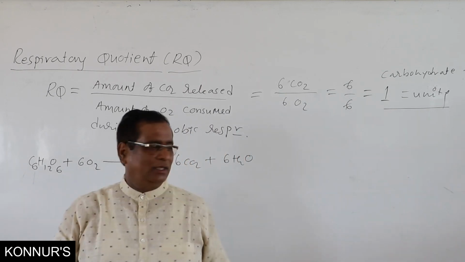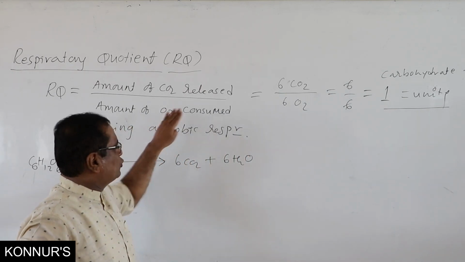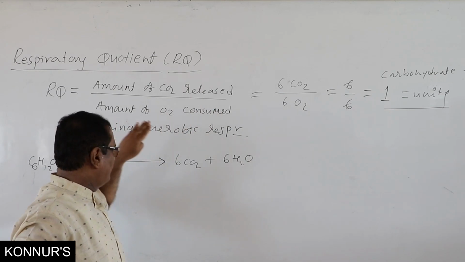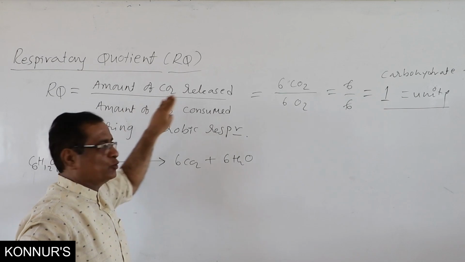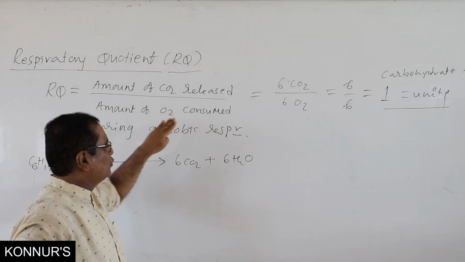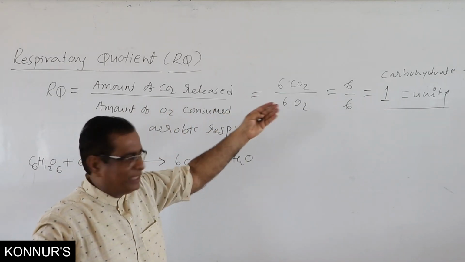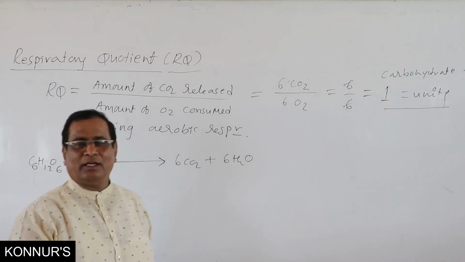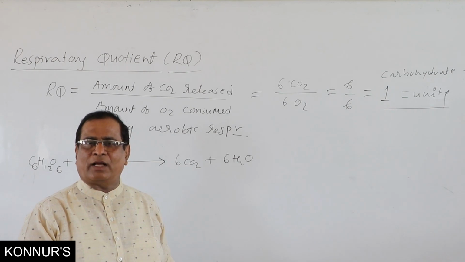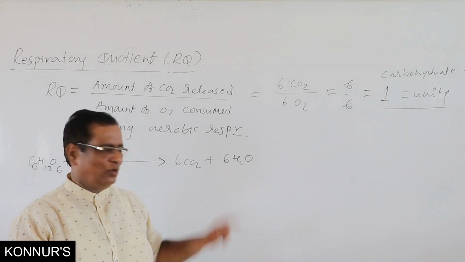Why is it unity? The number of CO2 released is equal to the number of O2 consumed. 6 molecules of CO2 are released, 6 molecules of O2 are consumed. Unity. What is the RQ of carbohydrate, they would ask. That is 1.